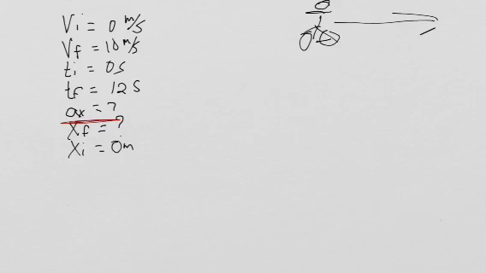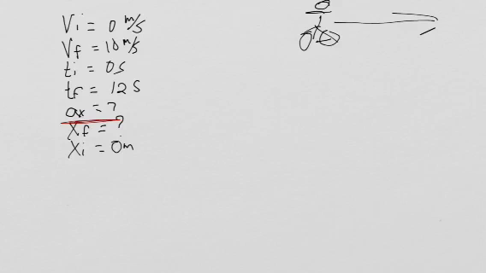If we look at our 4 equations, if we're looking for acceleration, first we have to cancel out any equation that does not have acceleration in it, and that is equation 2. Next, are there any other variables in these equations that we don't have?